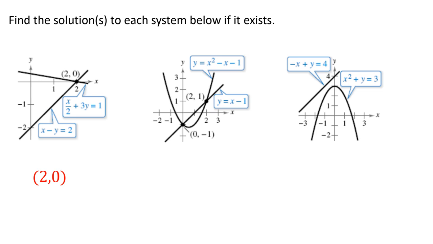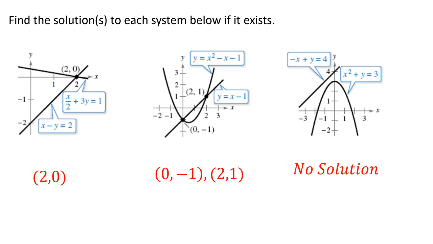The line crosses the parabola at two points, so we have a solution set: (0, -1) where it crosses one time, and (2, 1) where it crosses at the other point. In the last example we have a line and a parabola that never intersect, so the solution is no solution, or on your homework, DNE, does not exist.